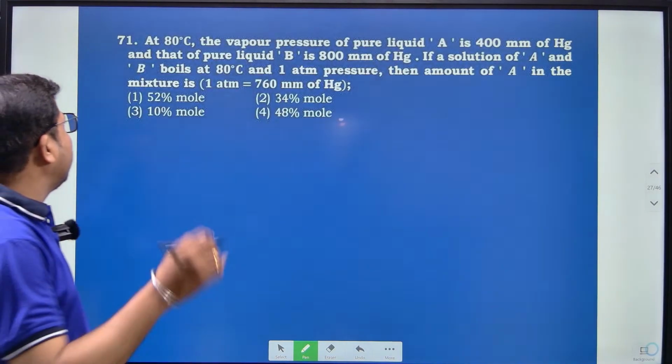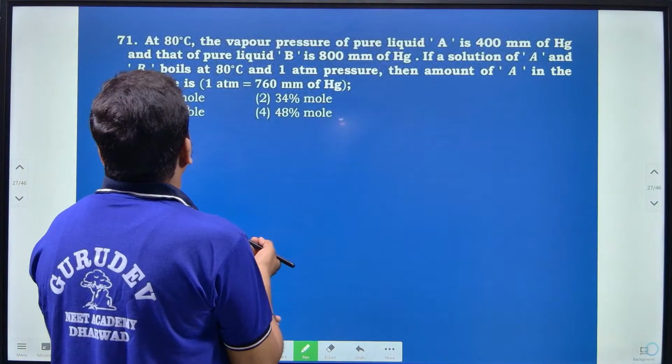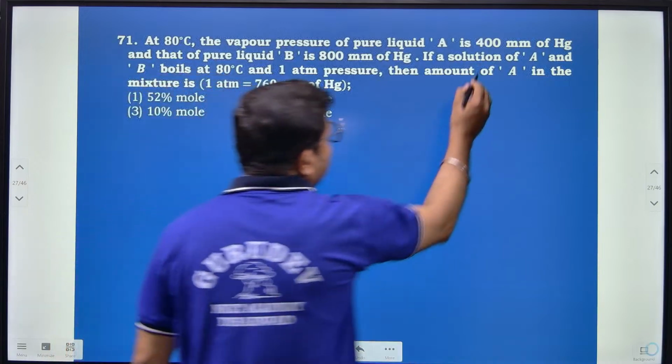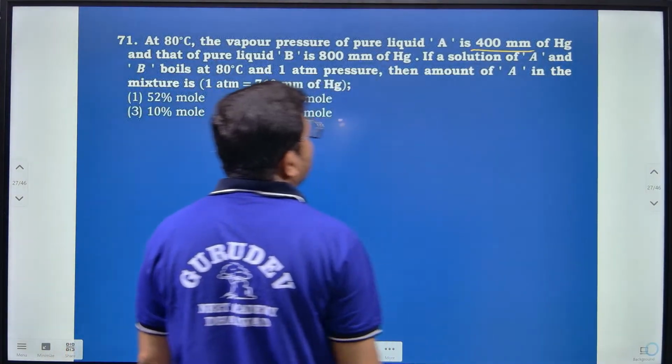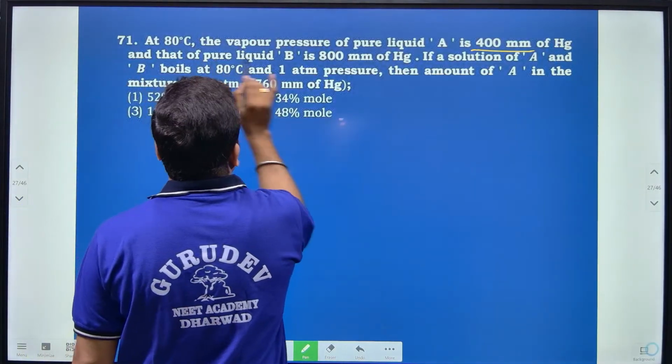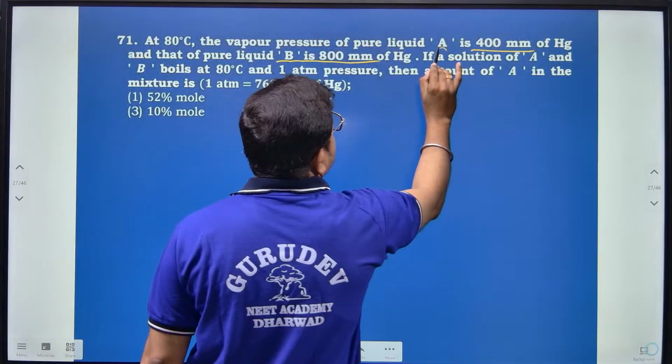Let's move to question number 71. At 80 degrees Celsius, the vapor pressure of pure liquid A is 400 mm of Hg, and that of pure liquid B is 800 mm Hg.